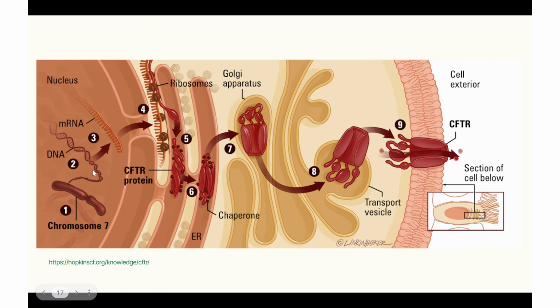You have the CFTR gene, which is transcribed from your DNA by RNA. It's copied by RNA. And then any of the single strand of the RNA that is not used to make the CFTR protein is spliced out. So now you have messenger RNA for CFTR protein. Okay, it's carried over into the endoplasmic reticulum. With the help of the ribosomes, it is translated into the CFTR protein.